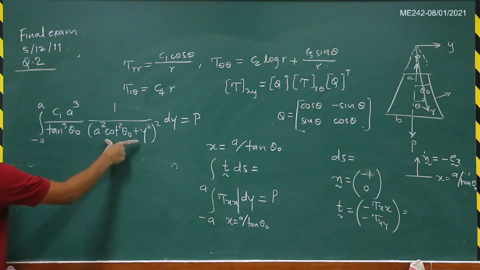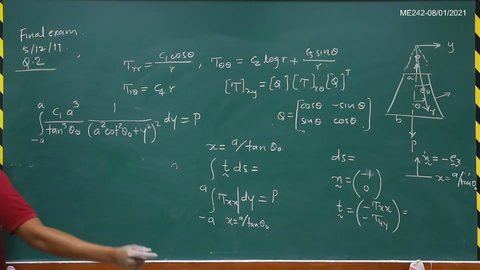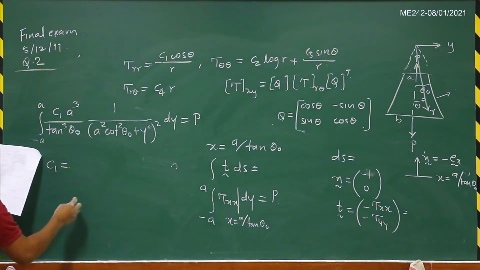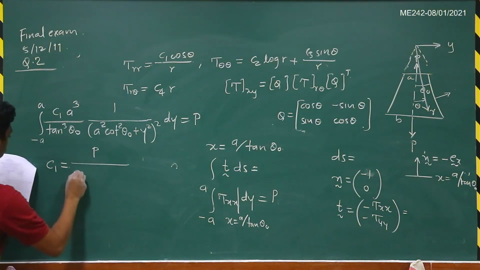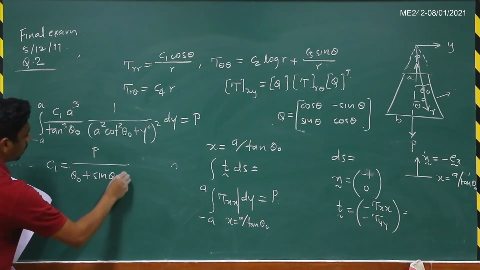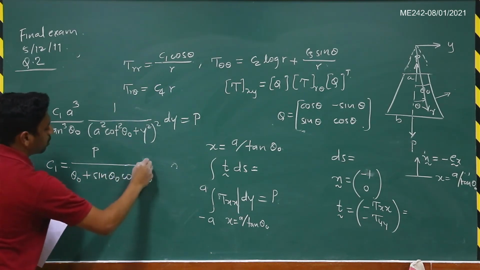The expression for this integration is given in the question paper itself. If we use that expression, you end up with C1 equal to P upon theta naught plus sin theta naught cos theta naught.